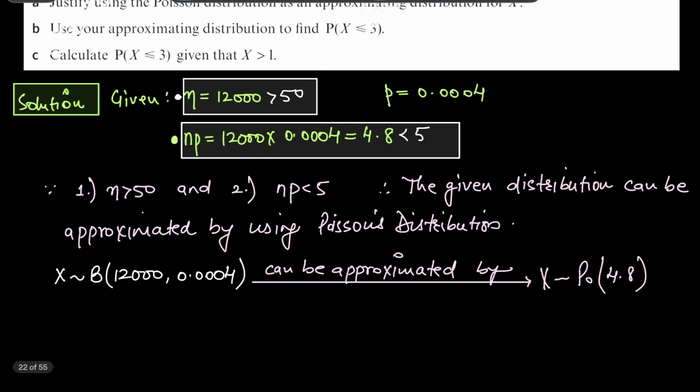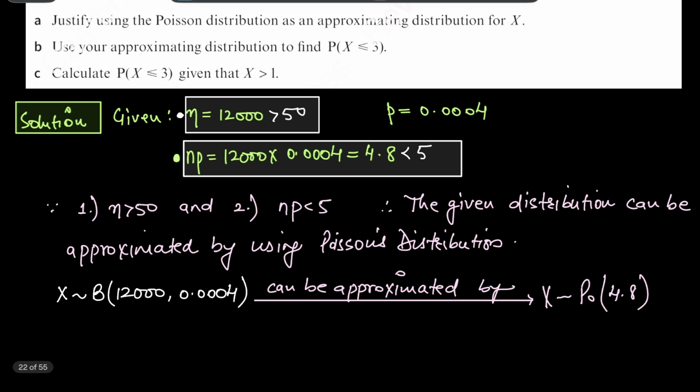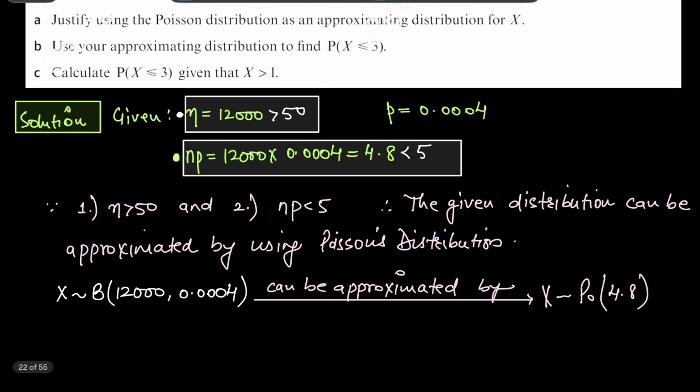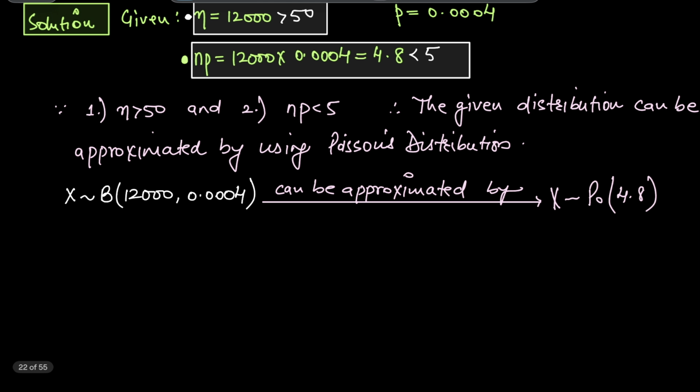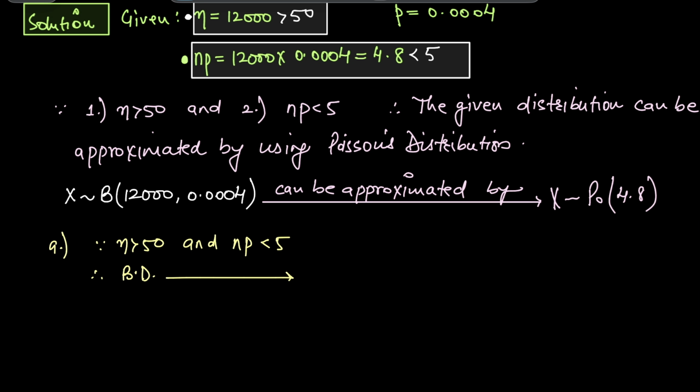Now, according to the question in part 1, they want you to justify the use of Poisson distribution as an approximating distribution for x. So in part A, I will write that since n is greater than 50 and np is less than 5, therefore binomial distribution can be approximated by Poisson distribution.